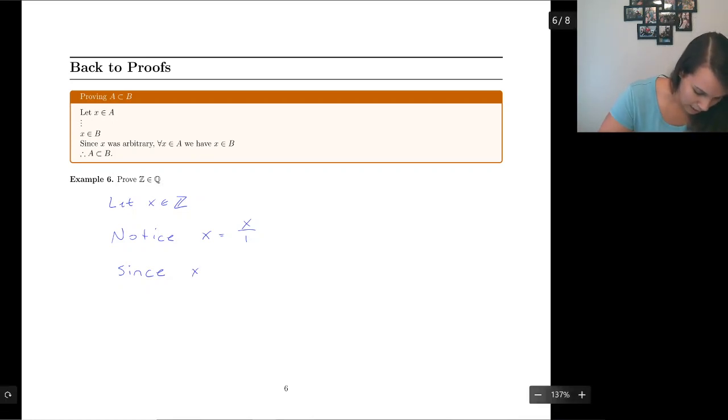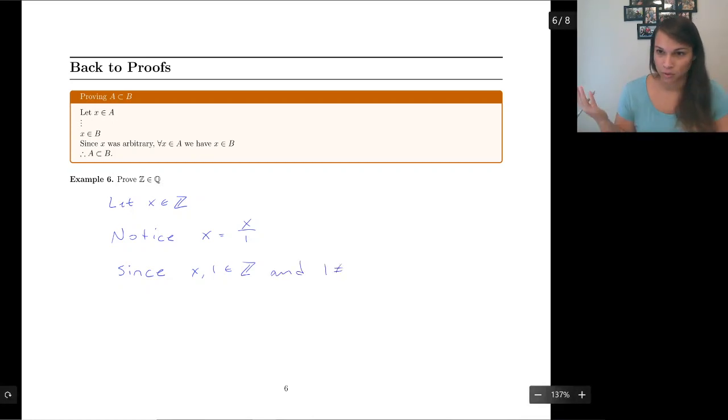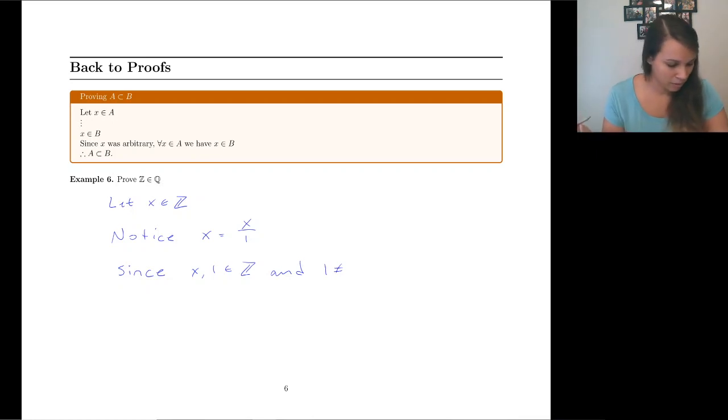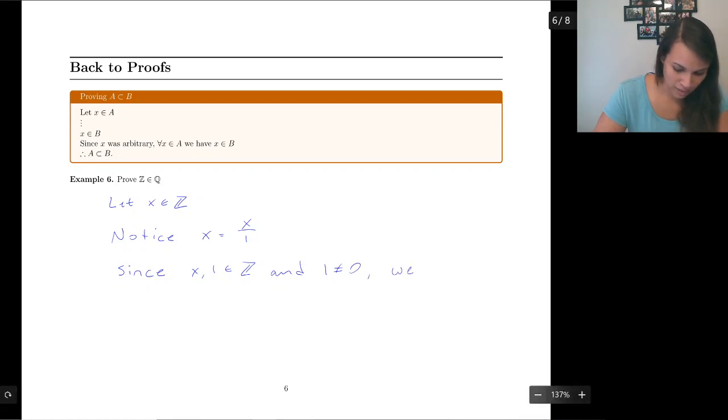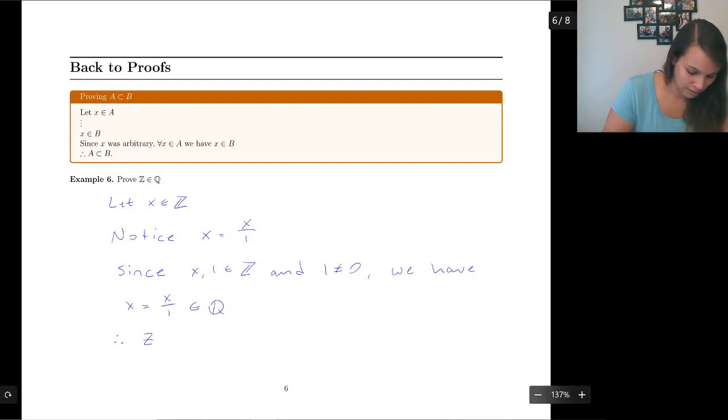Since x and 1 are integers, and 1 is not 0, which is what we need when we're talking about rational numbers, because we need denominators to not be 0, we have that x, which is equal to x over 1, is an element of the rationals. Therefore, the integers are a subset of the rationals, and we are done.